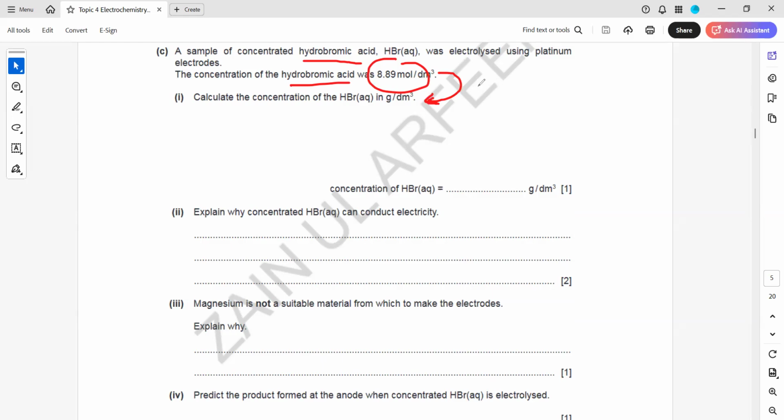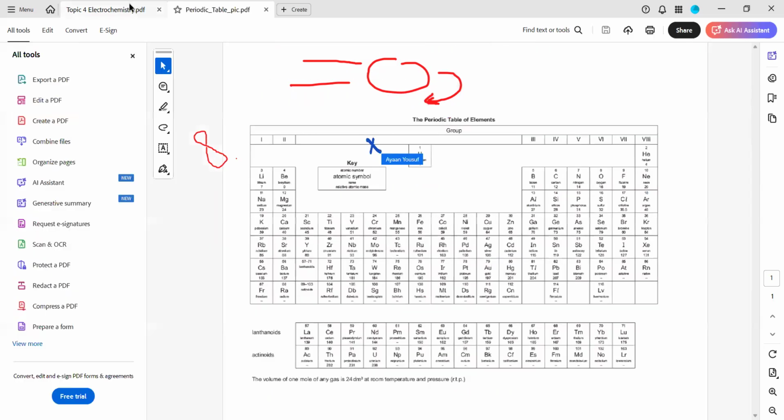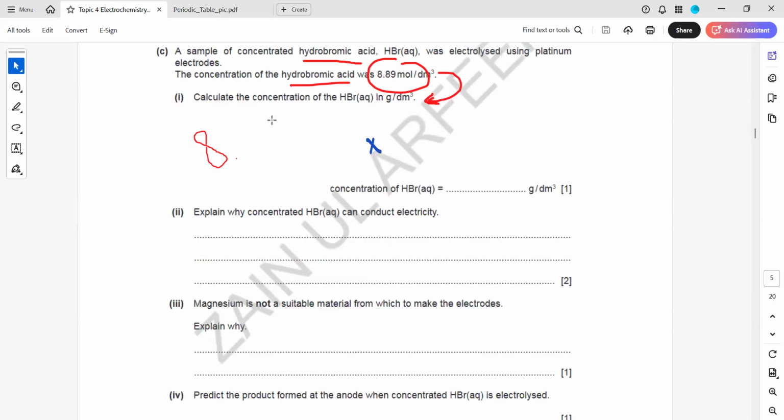So if I want to convert mole per dm cubed into gram per dm cubed, what do we do? Multiply by the molar mass. Good.